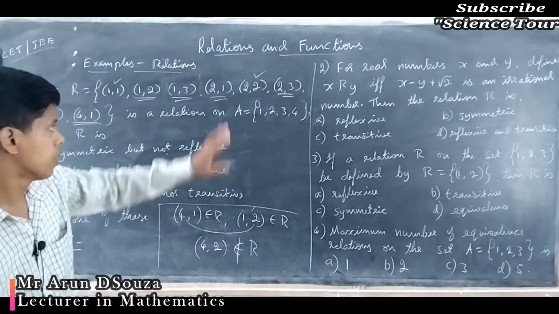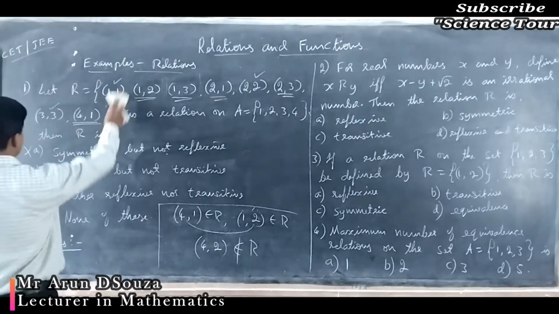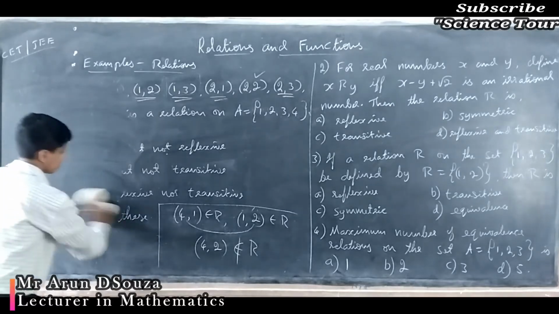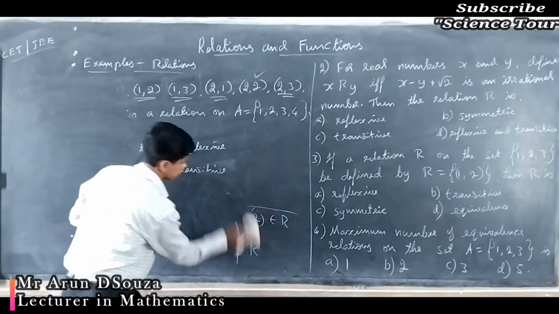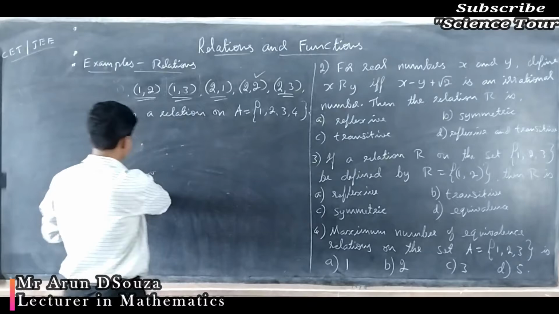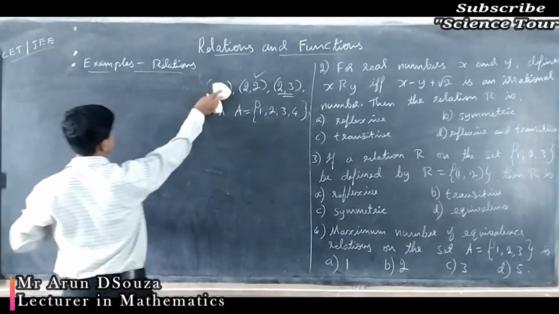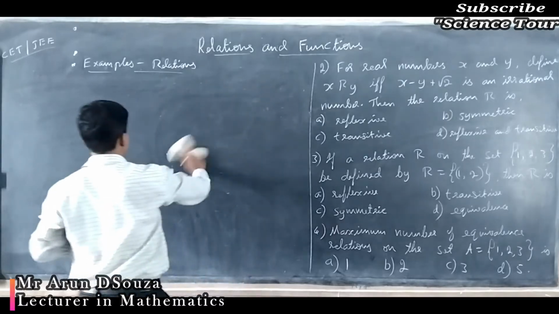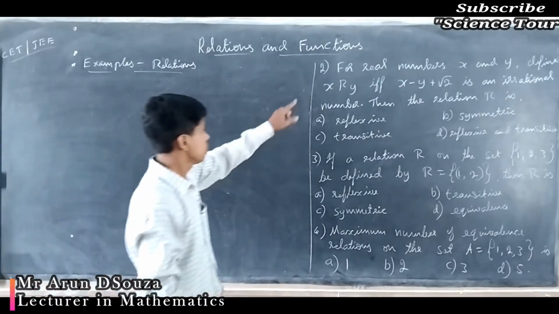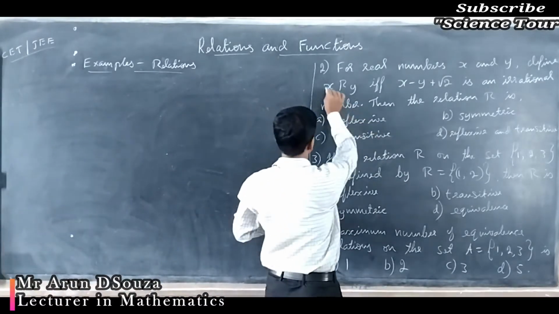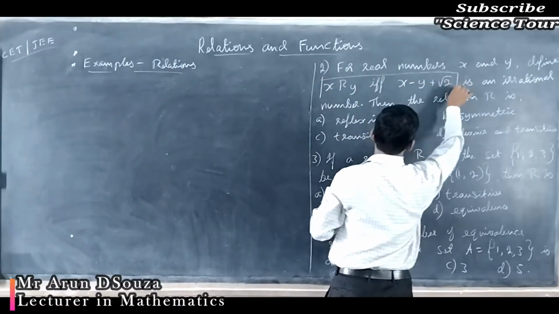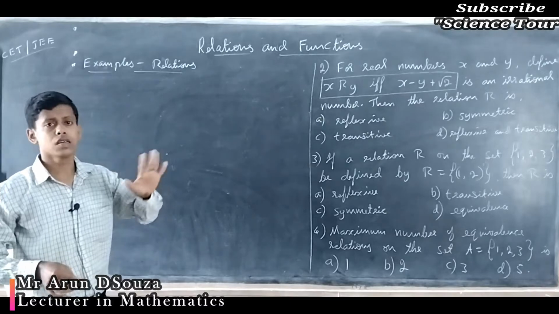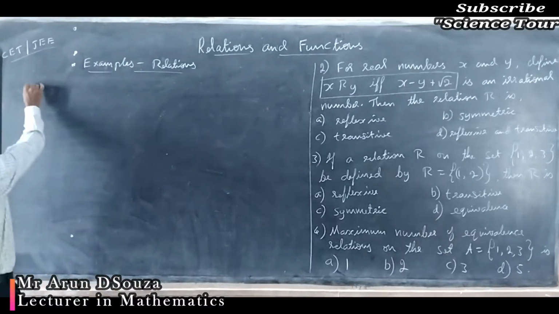Well, now let's go to the second problem. See, you have the relation given in this format. So let me write that relation in the traditional, the normal method.